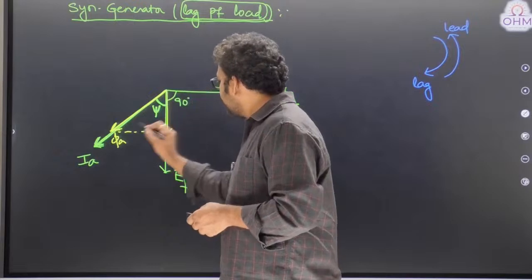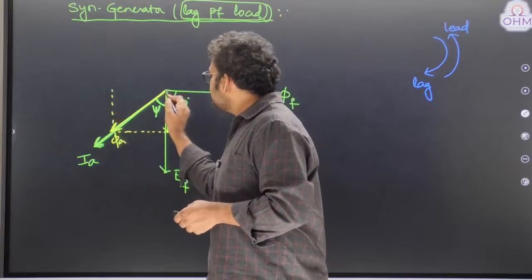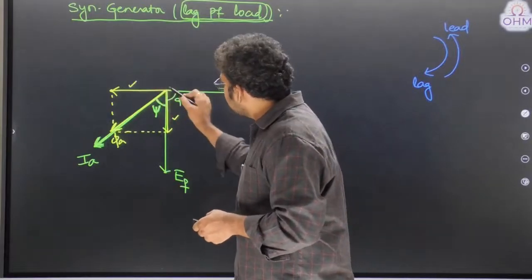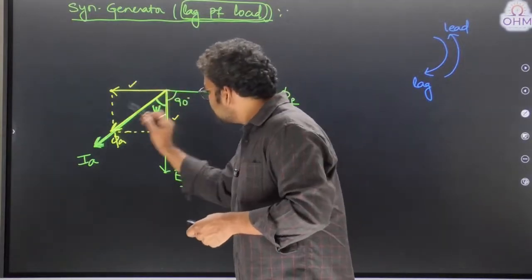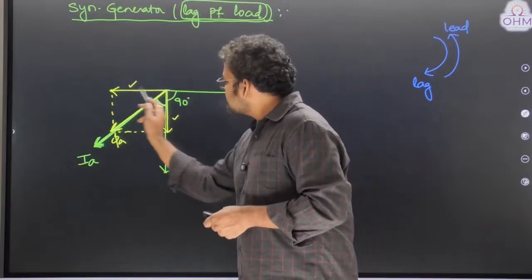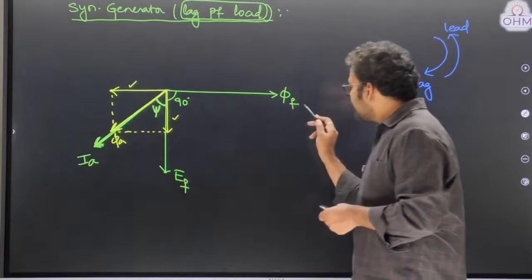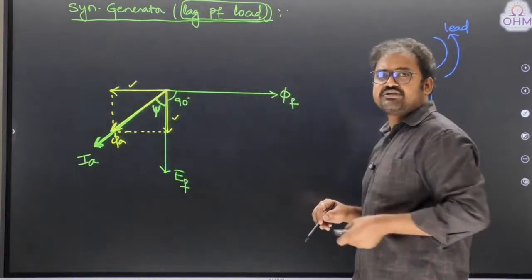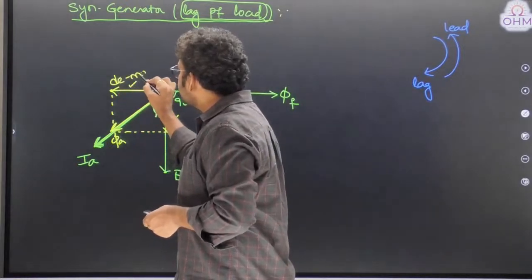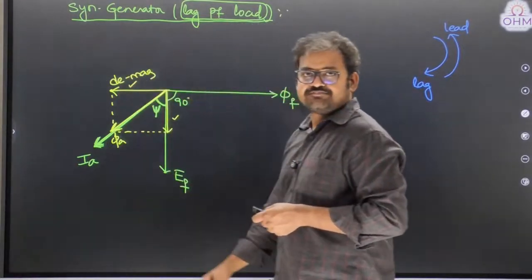This is one component and this is another component. If I add the first component and second component together, I will get the resultant armature flux. And if you look at the horizontal component, it is in the direction of main field flux or exactly opposite. That is what we call the demagnetizing armature flux component.